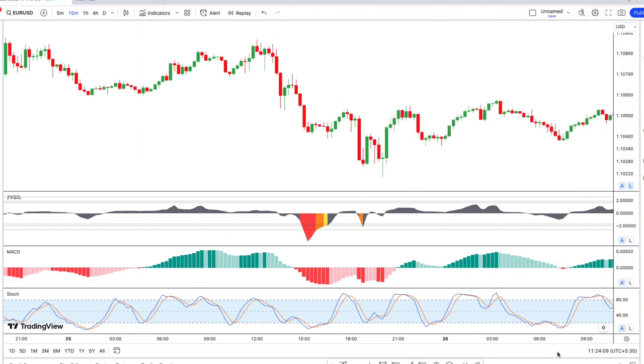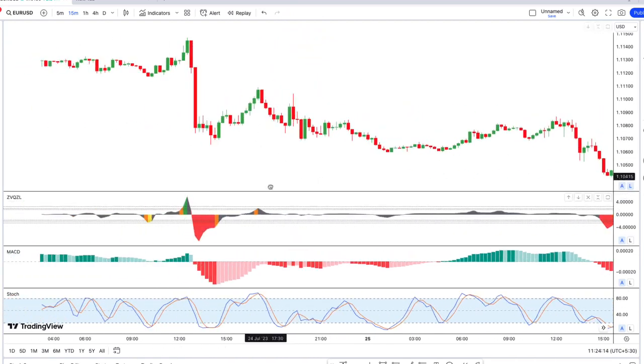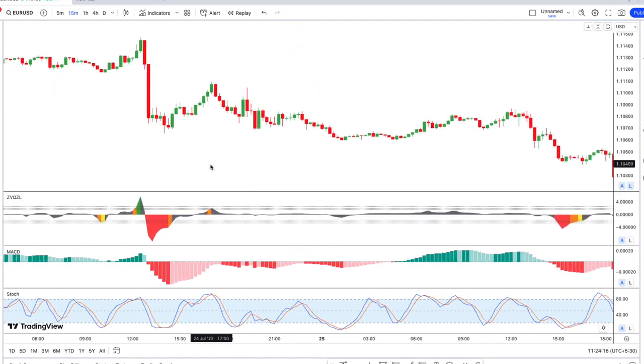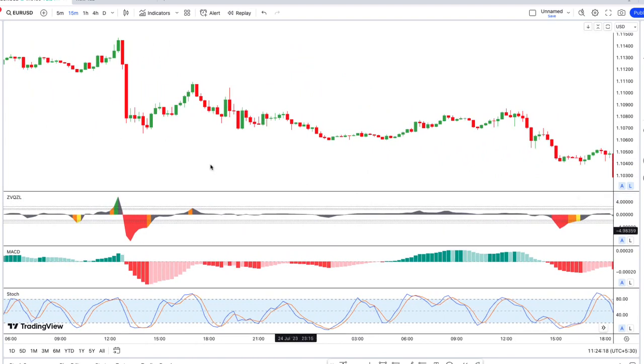For example, when I zoom out here, you can clearly see that the market started declining around here and the overall trend is down. And this flat market, which this indicator is also showing, was just a consolidation period during this downtrend. And when we got a breaking of this range market, which this indicator is also showing as increased volatility, we can say that the market is out of the range.